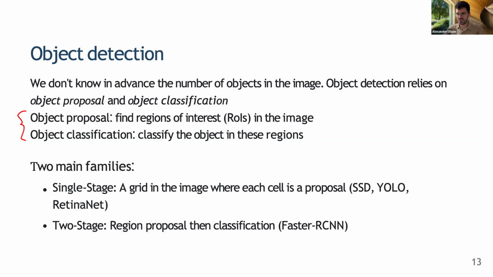In a single stage system, we do object proposal and object classification at the same time, and then we decide which of them we think are worth providing as predictions. Whereas in 2-stage, we first do the object proposal, and then we predict the class within each of those sections and provide that as the prediction.